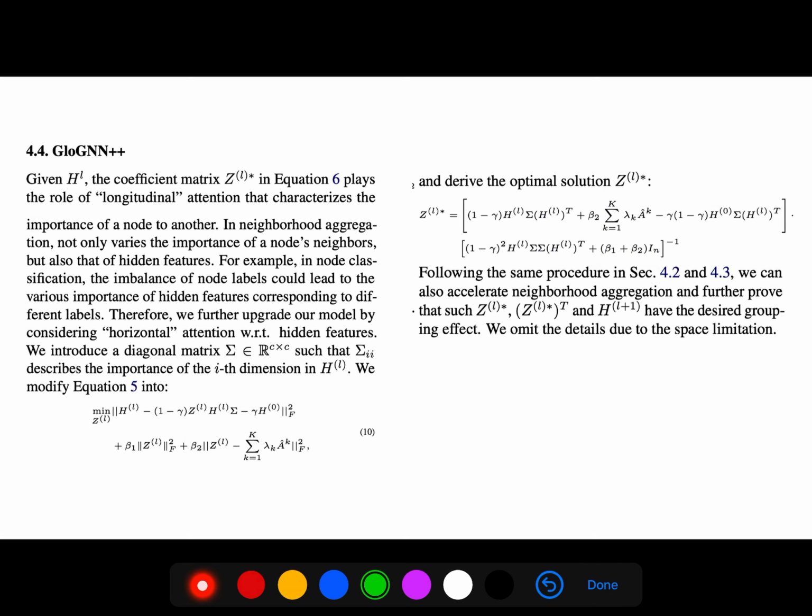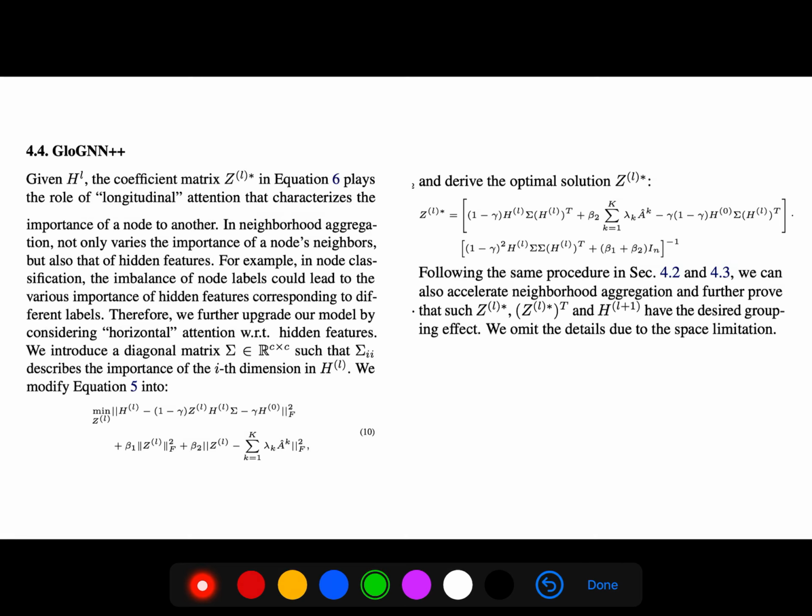Now, the coefficient matrix Z plays the role of longitudinal attention that characterizes the importance of a node to another. In neighborhood aggregation, not only does the importance of nodes' neighbors vary, but also that of hidden features. For example, in node classification, the imbalance of node labels could lead to various importance of hidden features corresponding to different labels. So we further upgrade our model by considering horizontal attention with respect to hidden features.